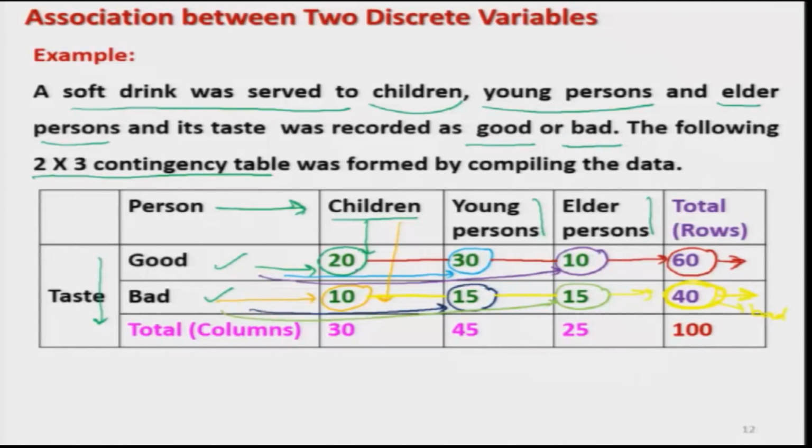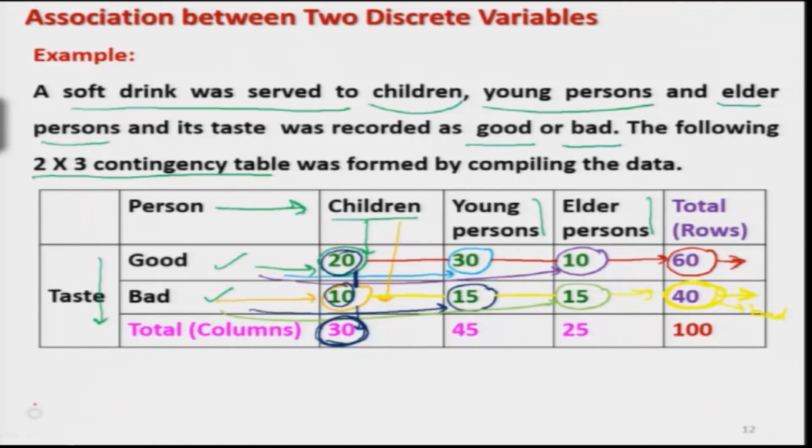Now on the same lines, let me try to add the numbers in the columns. I add this 20 and this 10, and this gives me the value 30. 20 plus 10 is equal to 30. So this number 30 gives us the information that out of 100 persons there are 30 children.